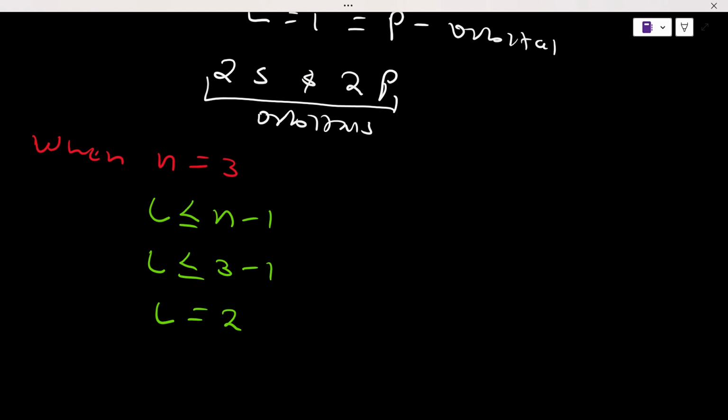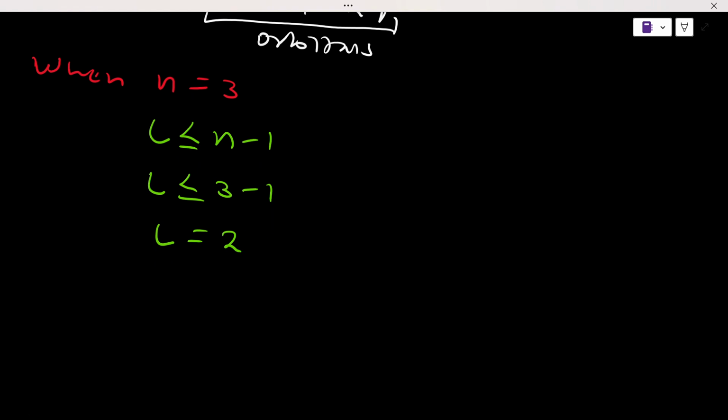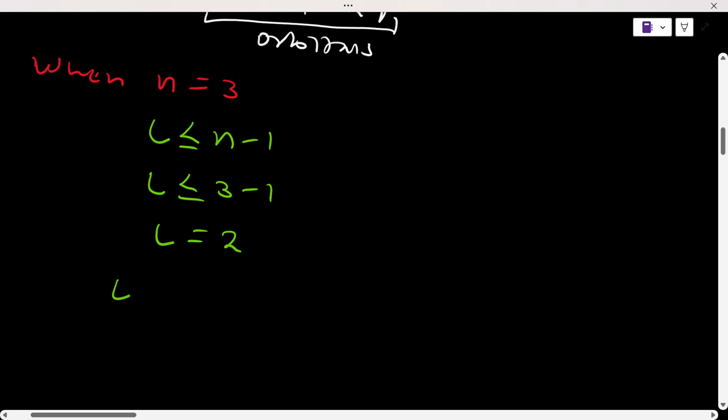When it is 2, therefore, L can be 0, 1 or 2.